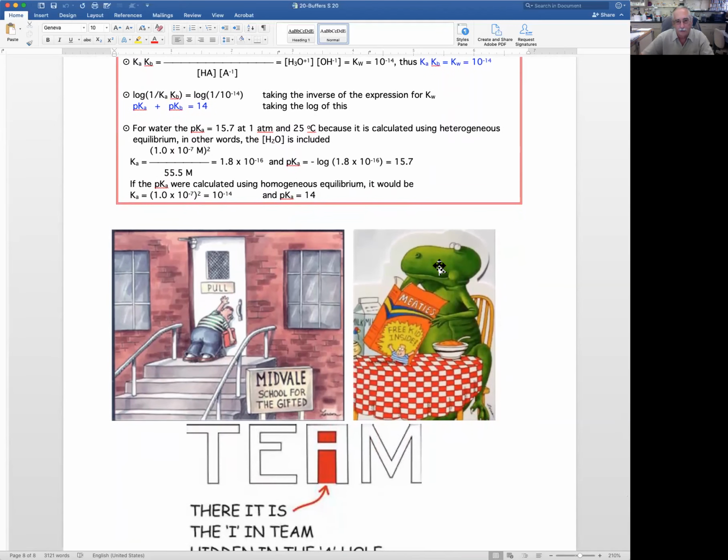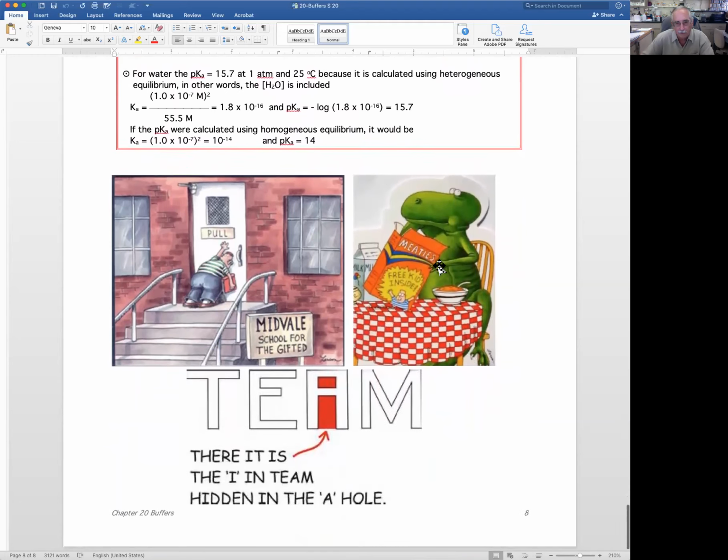And here's the one that drove me nuts as an undergraduate, because it was just so logical to me that the pKa for water should be 14. But you look it up online or in a textbook, the pKa is 15.7. Like, what? Here's the reason.